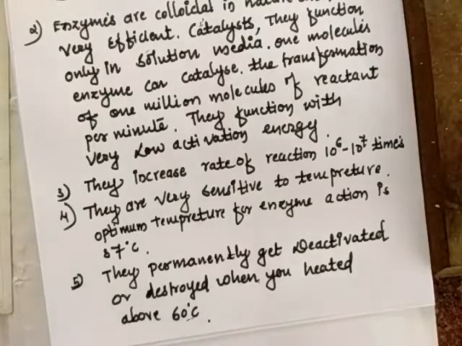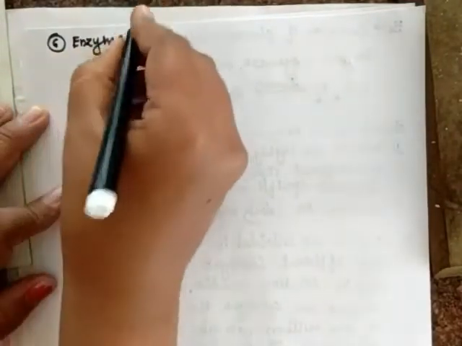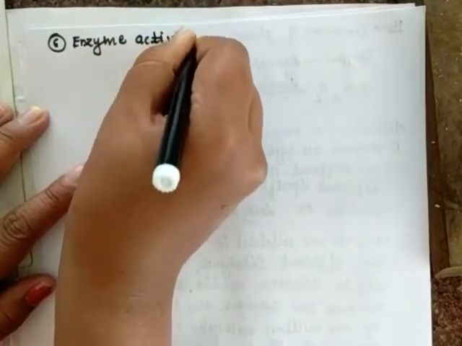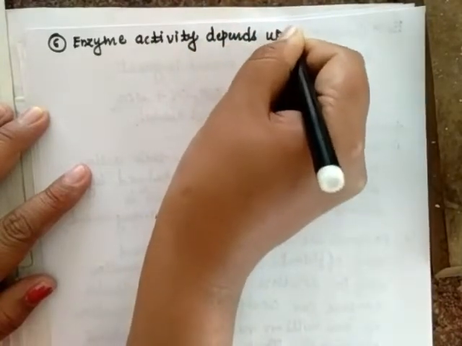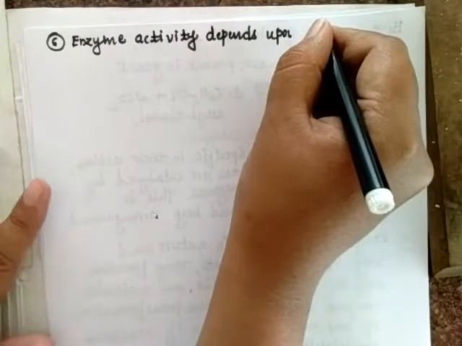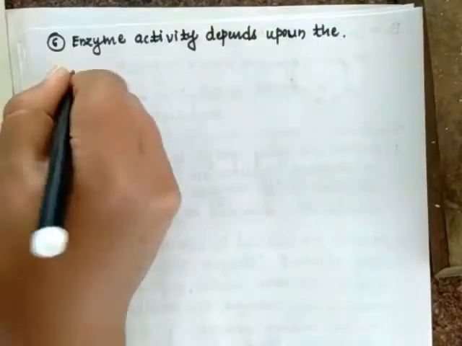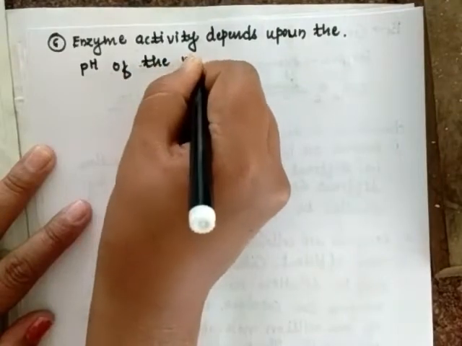Okay, now the sixth one. What they show is that enzyme activity depends on the pH of the medium.